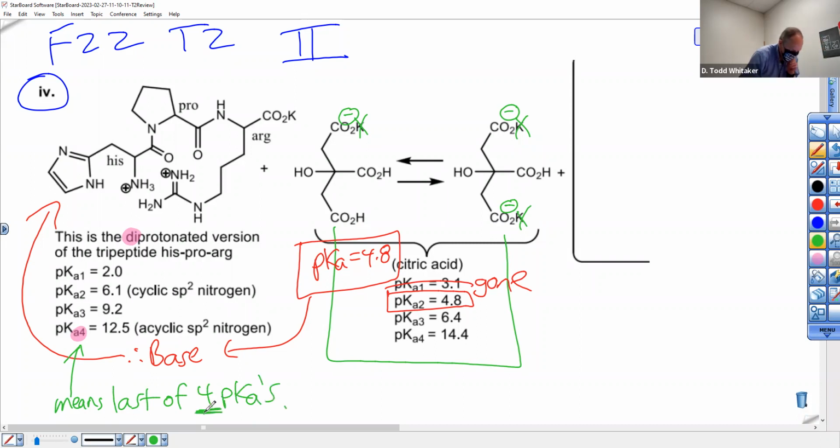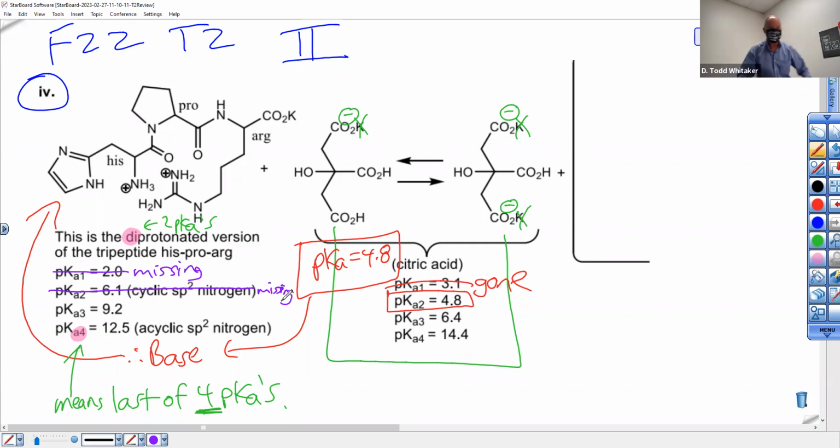There's the 4. Okay, diprotonated, 2 pKa's. Just going slower because clearly I'm having trouble. There we go. Missing. Now you're down to 2, right? Diprotonated, right?